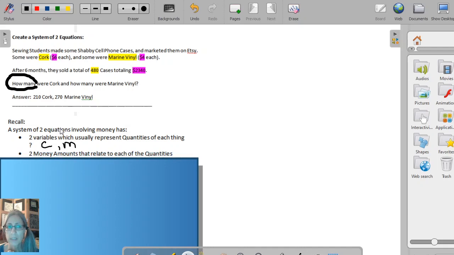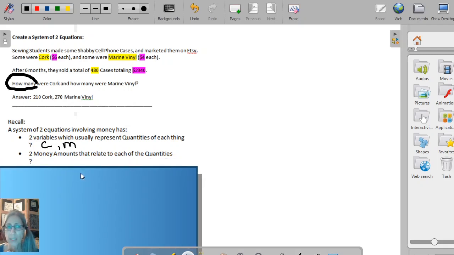The other thing that systems of two equations involving money has, there's usually two money amounts that relate to each of the quantities. Well, what are the money amounts in this problem? Well, which money amount relates to the C, the cork? Well, we said that the cork was $6 for each one.